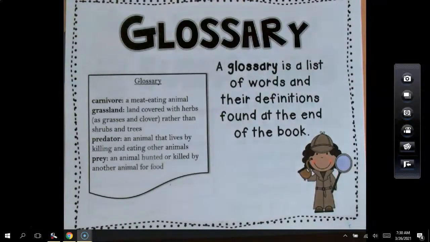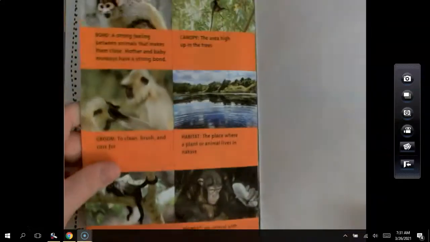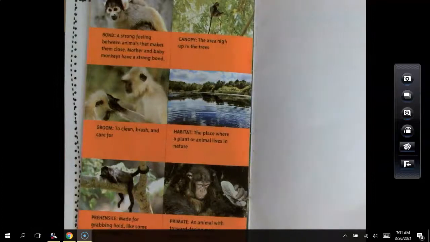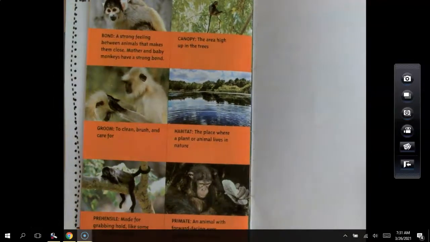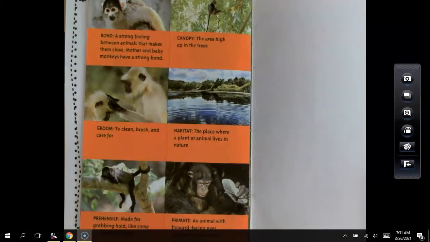Okay, another word, boys and girls, is called glossary. Now, a glossary is just a list of words and their definitions. It's found at the end of a book, okay? So for instance, in my monkey book that we were looking at before, this isn't quite what a glossary would always look like, but this would be an example of a type of glossary.